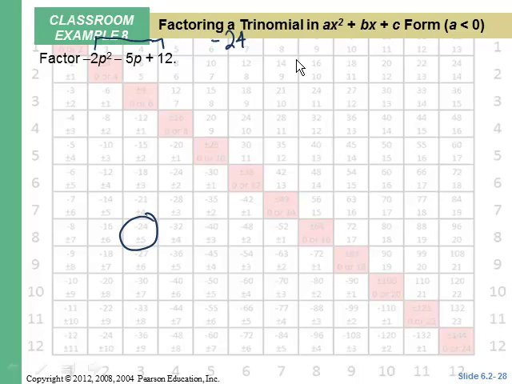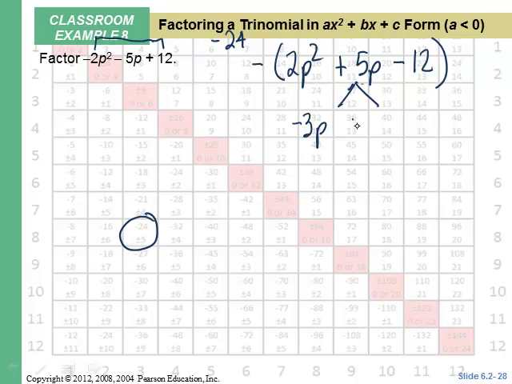Okay. Now, if this is a negative sign, sometimes what we do is rewrite it as negative parentheses 2p squared plus 5p minus 12. Get the negative sign out front. Now we can split the middle term, and we get, let's see, 8 and 3, so negative 3p plus 8p minus 12, 2p squared.